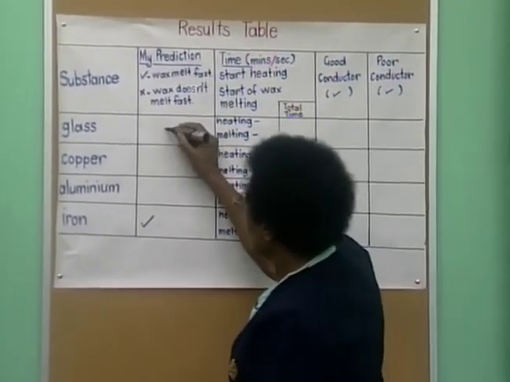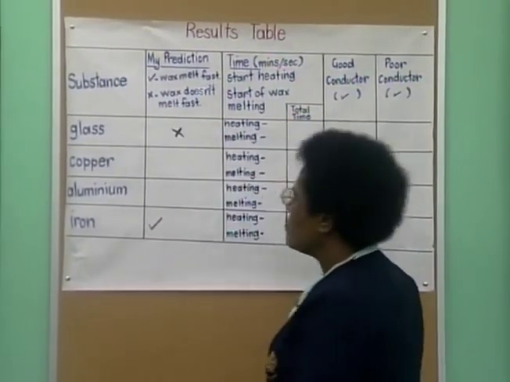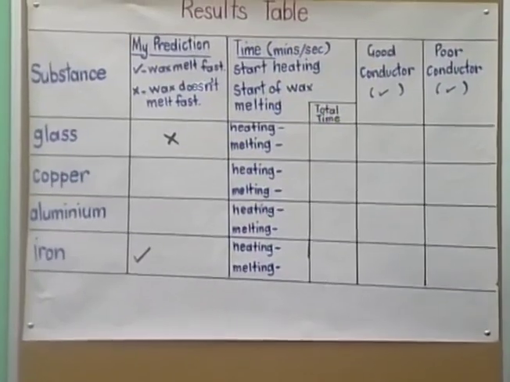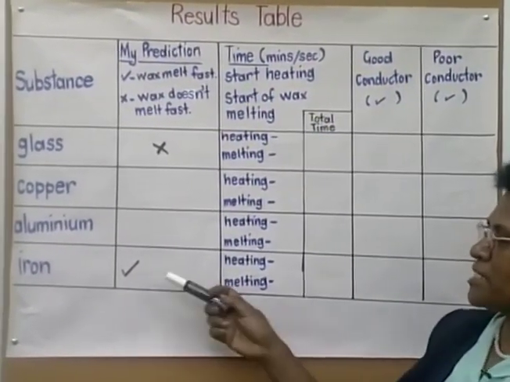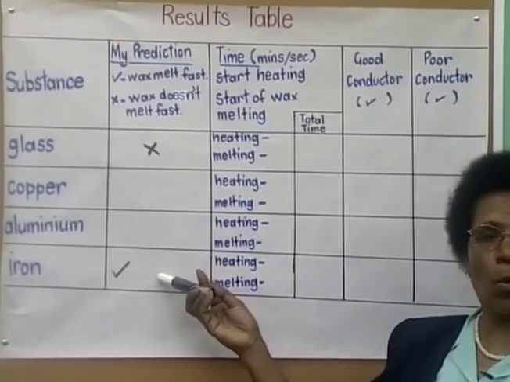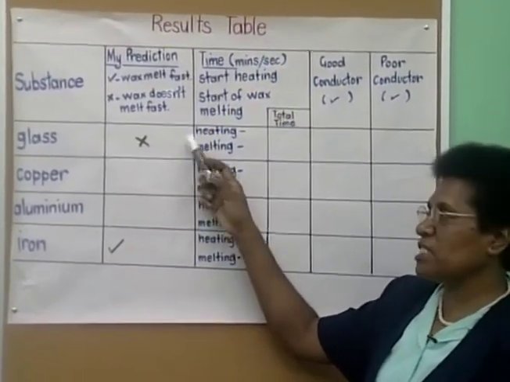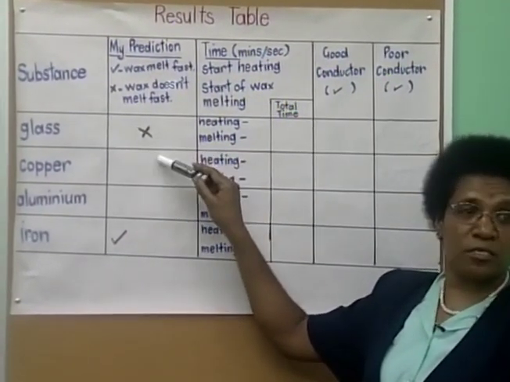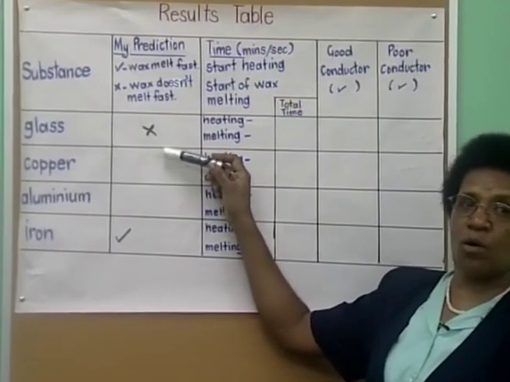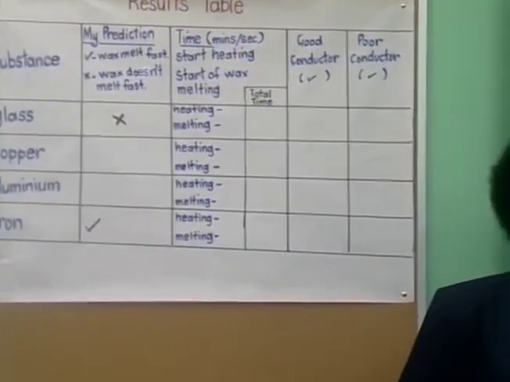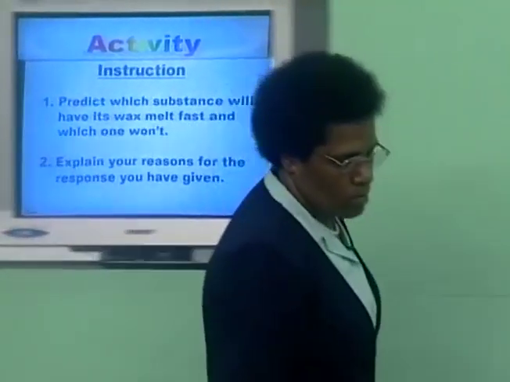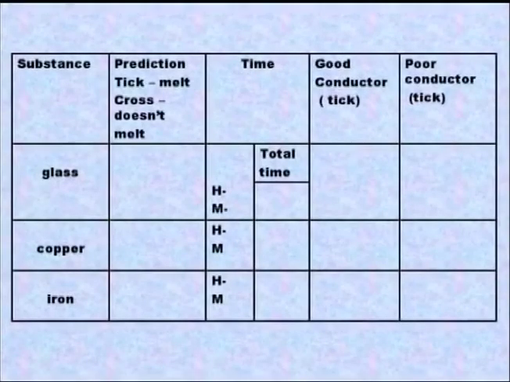Glass, okay. We have those two: Estelle and her friends predicted that iron will have its wax melt fast, and Michelle and her friends said glass, the wax will melt very slowly. We'll see that. Now that's the table. Teachers, you have it on the big chart and also on the screen.